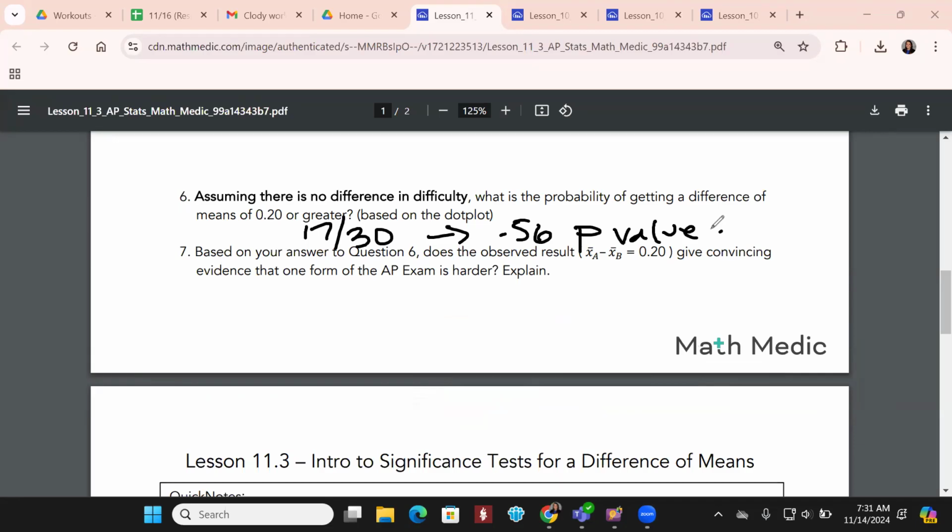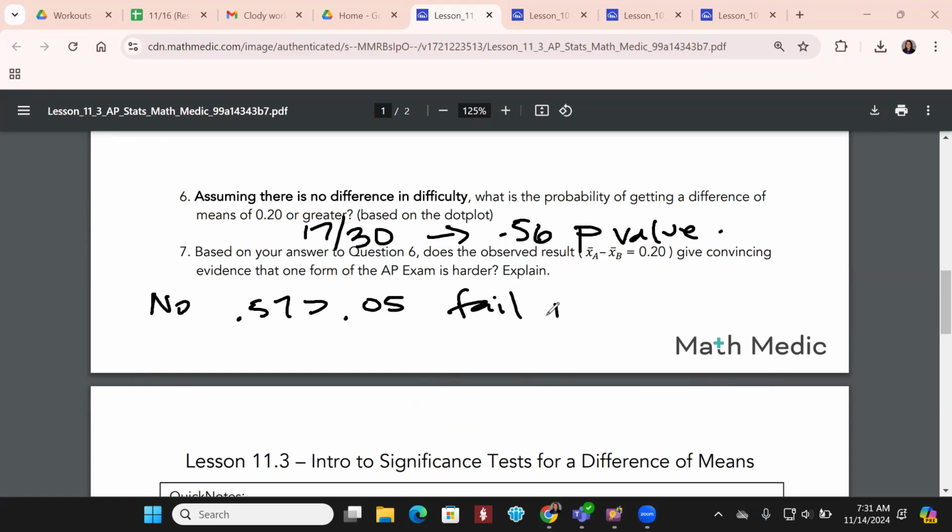Based on our answer to question 6, does the observed result give convincing evidence? Okay, is that less than 0.05? No, so we have to fail to reject. So 0.57 is greater than 0.05.